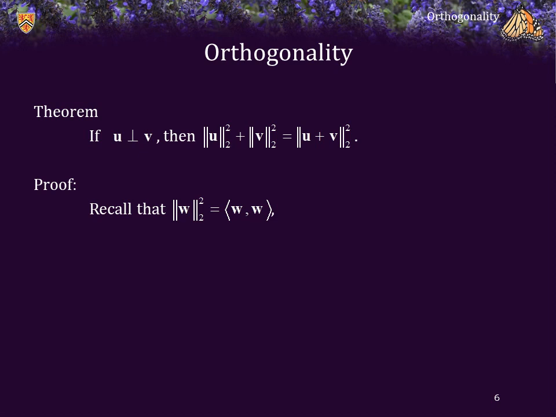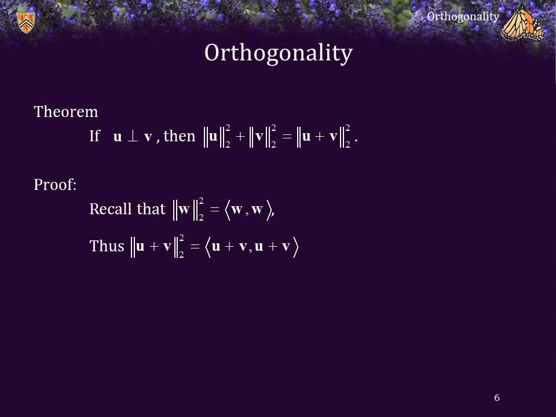Proof. Now recall that the 2 norm squared is, by definition, as being the norm induced by the inner product, the inner product of w with itself. In this case, we're actually going to let w be the vector u plus v.